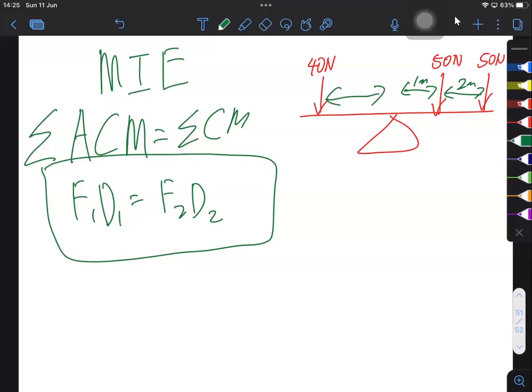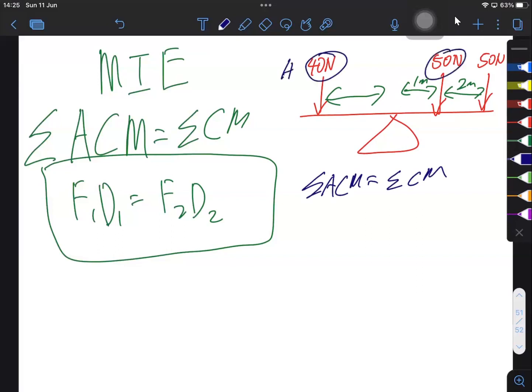What do we do? Yes, we form the equation first. Very good. So the equation will be once again total anti-clockwise moment is equals to total clockwise moment, right? Then which one is anti-clockwise and which one is clockwise? This one will be anti-clockwise.